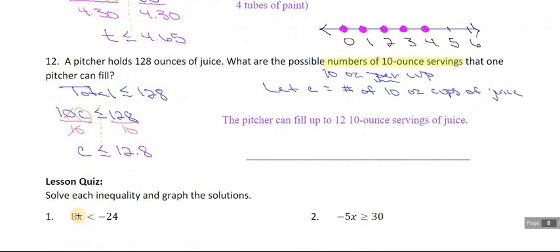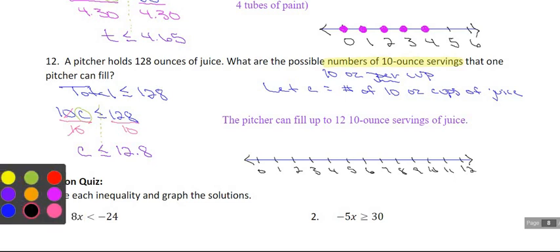So if I make my number line here, 0, 1, 2, 3, 4, 5, 6, 7, 8, 9, 10, 11, 12.